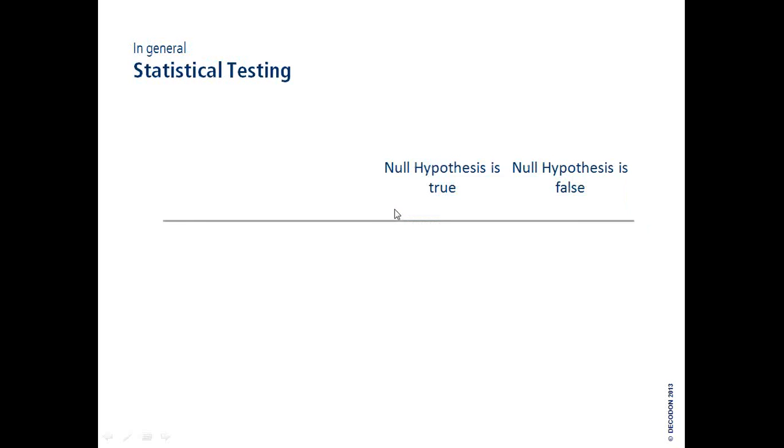More general remarks about statistical testing. Statisticians always say that a certain null hypothesis is tested. This null hypothesis is something that we don't really know. It can be true or false, and we observe data to then have an estimation of whether it's true or false.